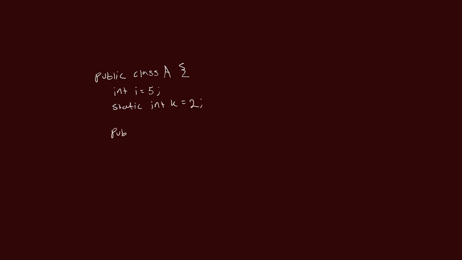Now public static void main. In here I'm gonna write the following: int j is equal to i, and we're gonna call a method m1. Then we close our main.